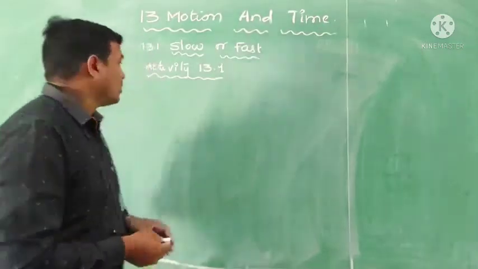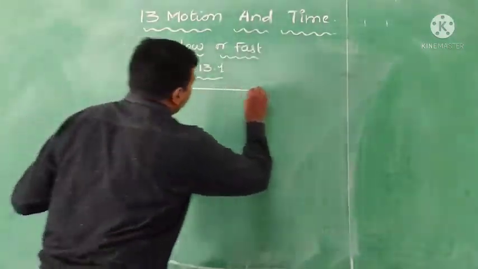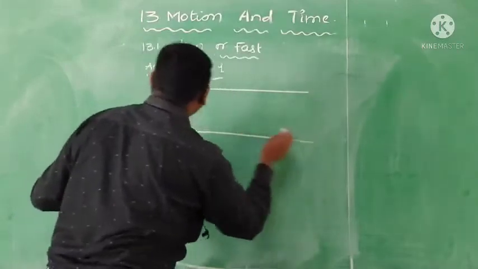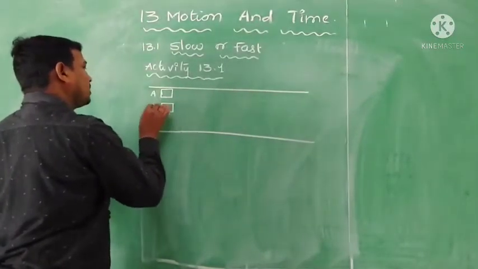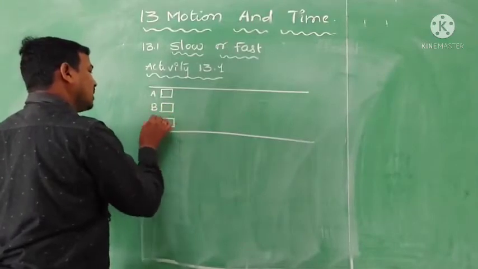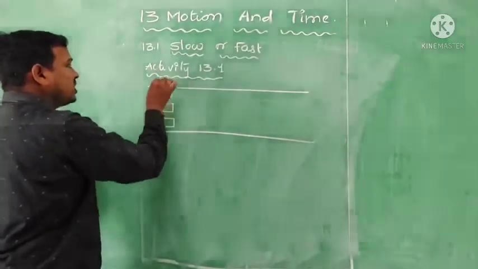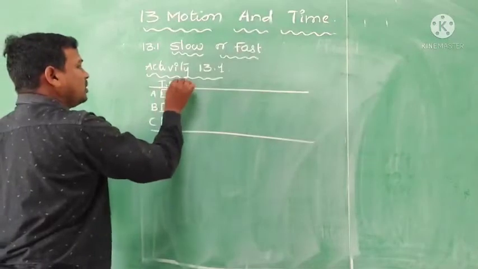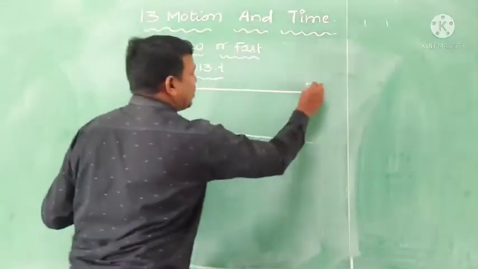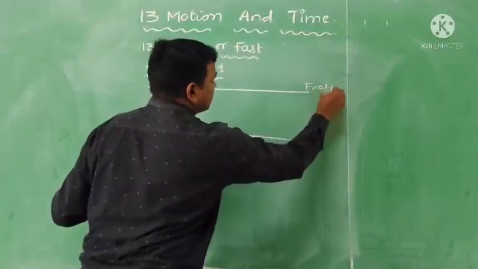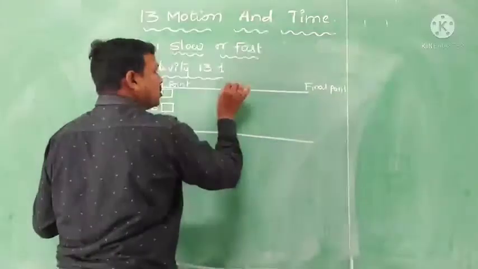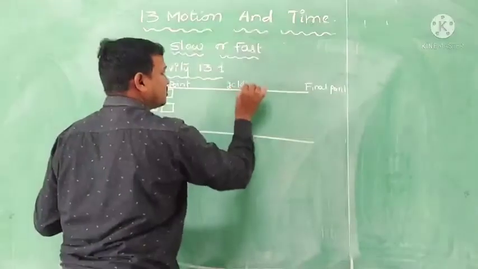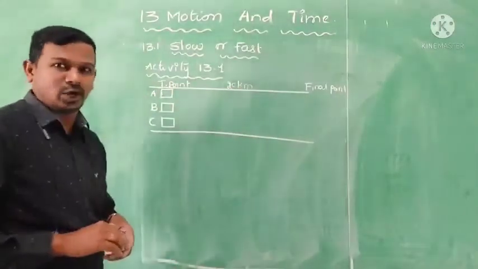Let's do it here. Here is the path, with car A, car B, car C. This is the initial point, and this is the final point. For example, I am taking the distance as 20 kilometers.